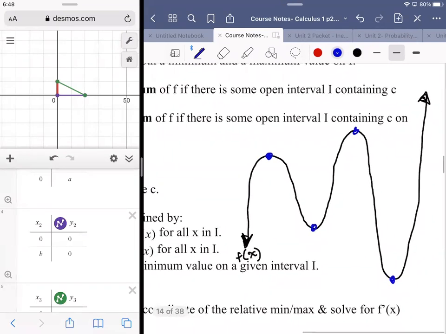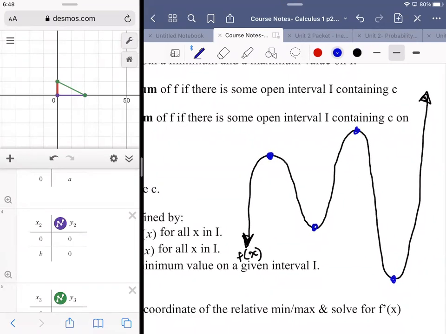Those high points, while not being the highest point overall in the entire function, because this function goes up to infinity and down to negative infinity, are higher than the points that immediately surround them.